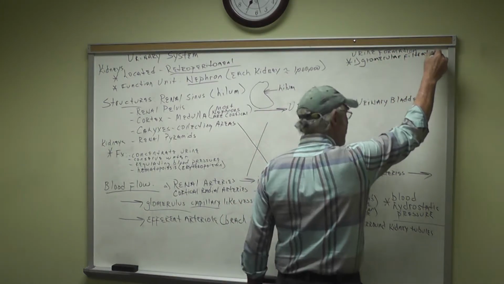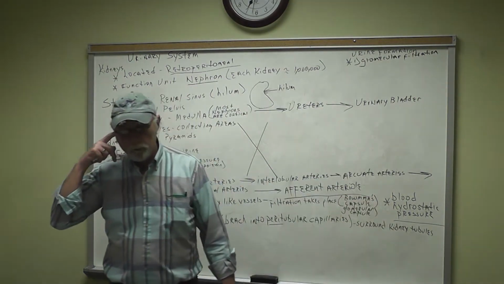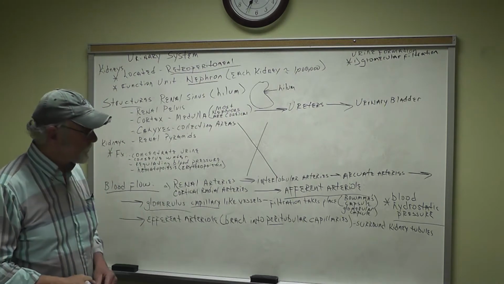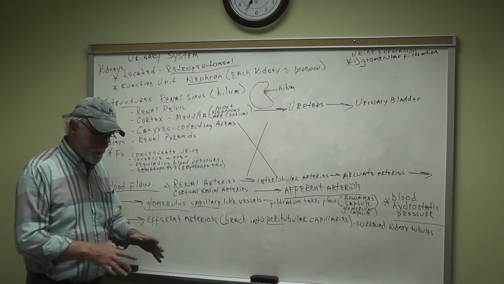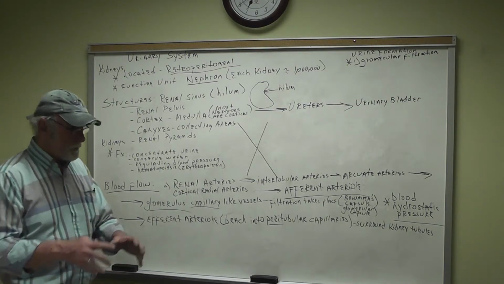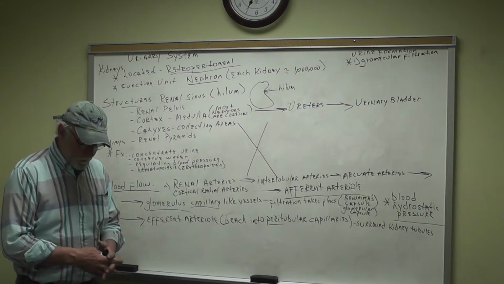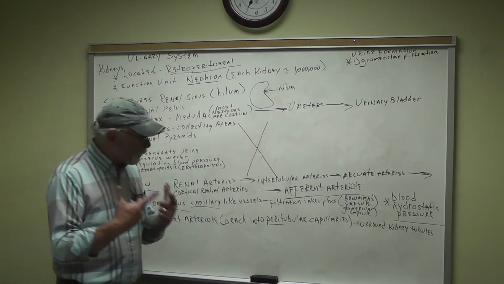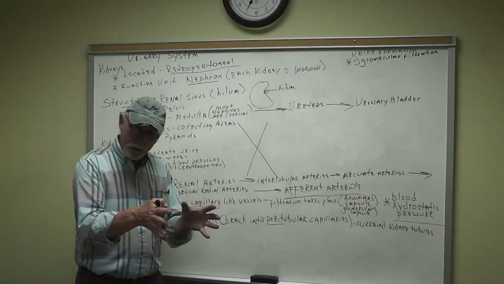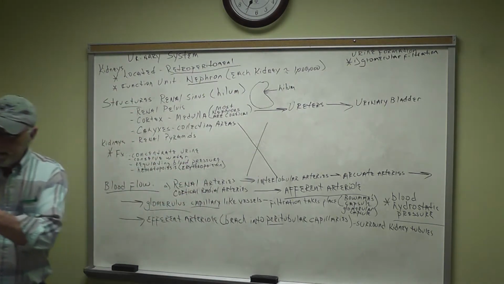Again, that happens because of blood hydrostatic pressure. It's similar to when we were talking about the cardiovascular system. Materials seem to move out of arterioles in the systemic circulation into interstitial fluid, because the blood pressure at the arterial end of a capillary bed is higher than it is at the venous end.